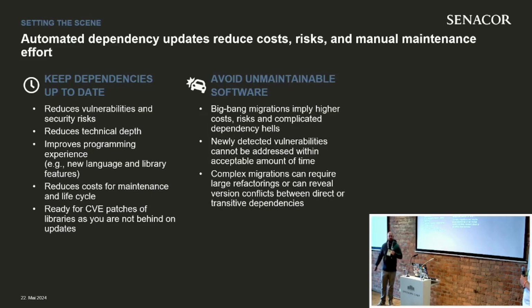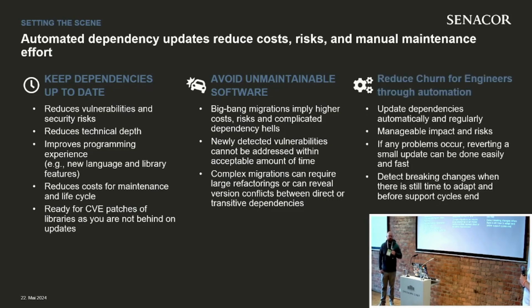You avoid unmaintainable software. Once we had that actual release freeze, everyone was scrambling, oh no, I need to get updates, and then need to bump by several major versions, which of course then trickled down to, oh, I need to do integration testing again, oh, something broke, I'll need to fix it. So keeping your software updated frequently, of course, gets rid of that.